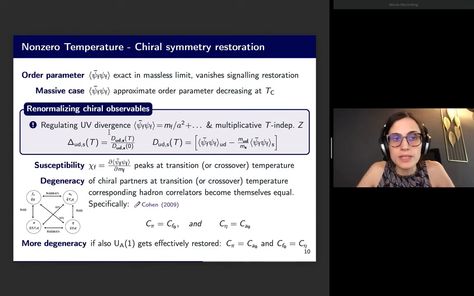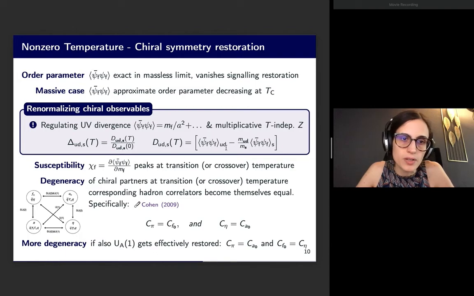Of course, we have to take care that we renormalize chiral observables, and the same is valid also for the gauge observables, even though we haven't discussed it explicitly. Then we want to regulate the ultraviolet divergences, additive and multiplicative renormalizations.